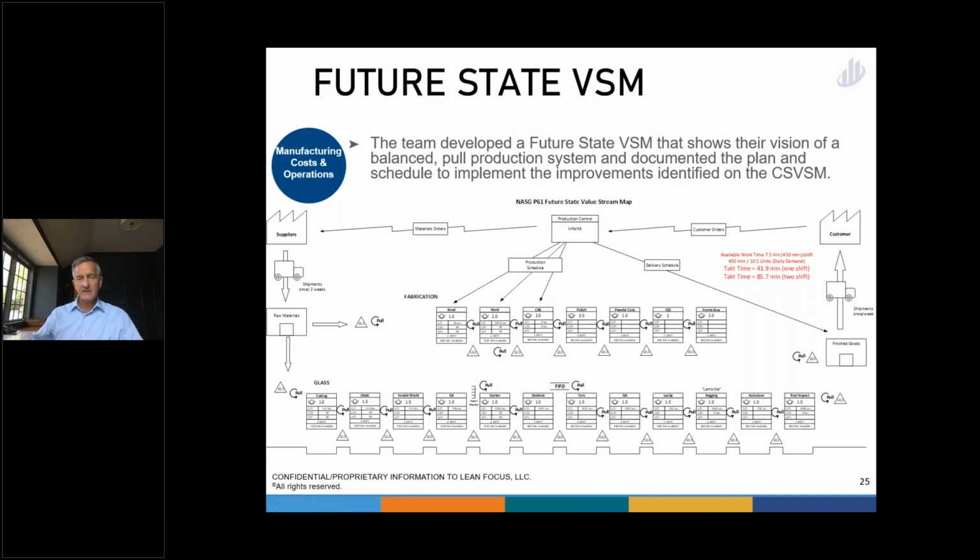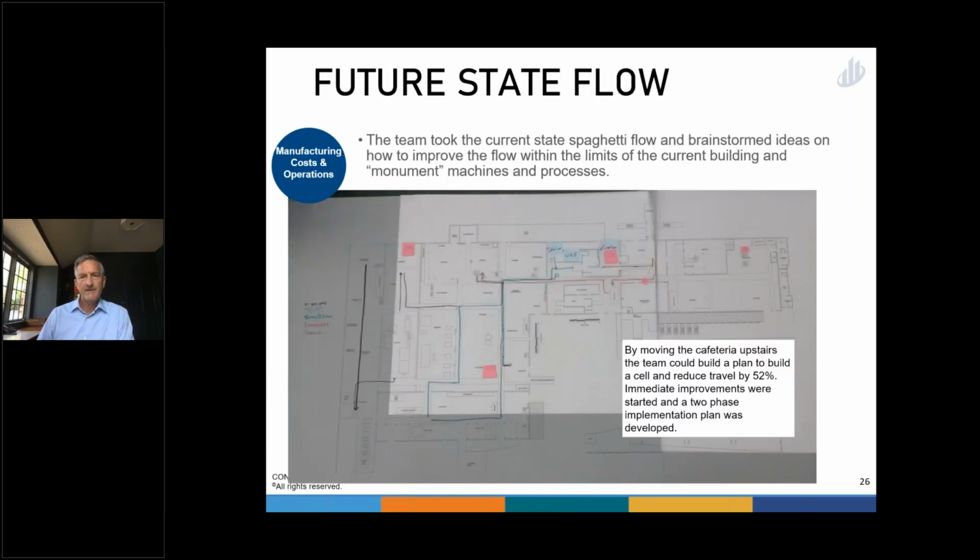So this gets everybody aligned on where we are going, why we are making these changes, and what the benefit can be. How much could this reduce our lead time? How much could this reduce our inventory? How much could this reduce our costs as we develop this future state?